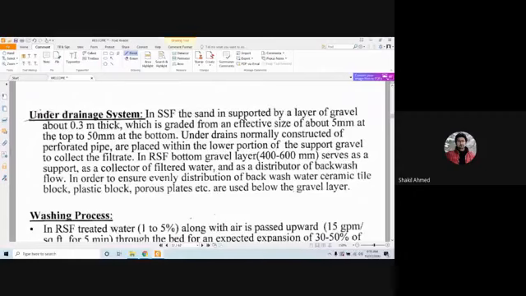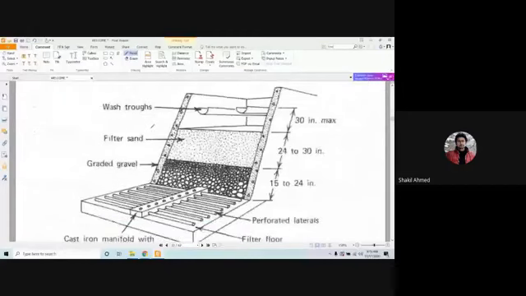Under drainage system washing process. Under drainage system, let's look at a filter media. This is a filter media. We have cut it down to show you clearly what's happening inside of it. First of all, these are some trays.